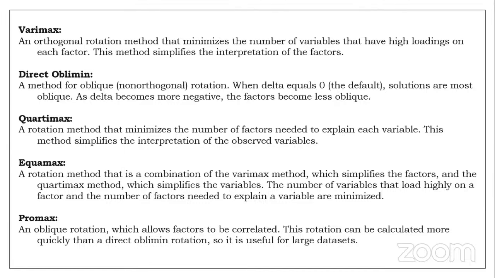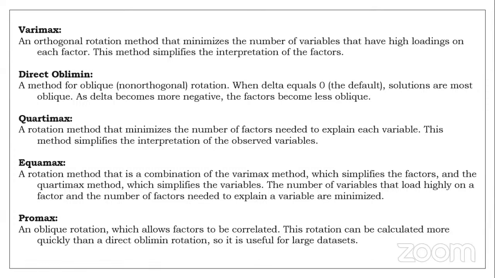Quartimax is a type of rotation method that minimizes the number of factors needed to explain each variable. This method also simplifies the interpretation of the observed variables. Equimax is a combination of the Varimax method and the Quartimax method. So Varimax, Quartimax, and Equimax, these three are the orthogonal rotation methods.